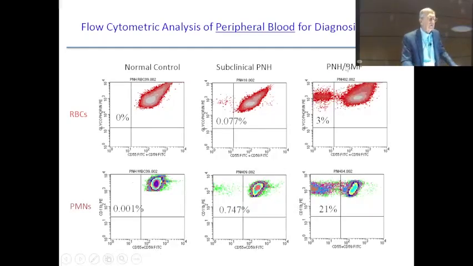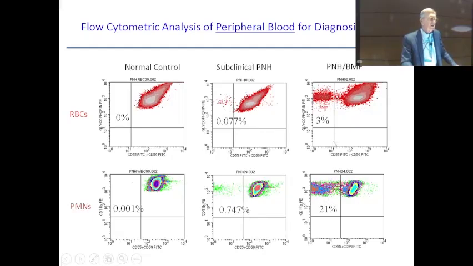Then another category is PNH in the setting of a defined bone marrow failure syndrome, particularly aplastic anemia and low-risk MDS. Here the clones are larger, and it's at about 20% clone size that you first begin to detect biochemical evidence of PNH based on the hemolytic parameters.